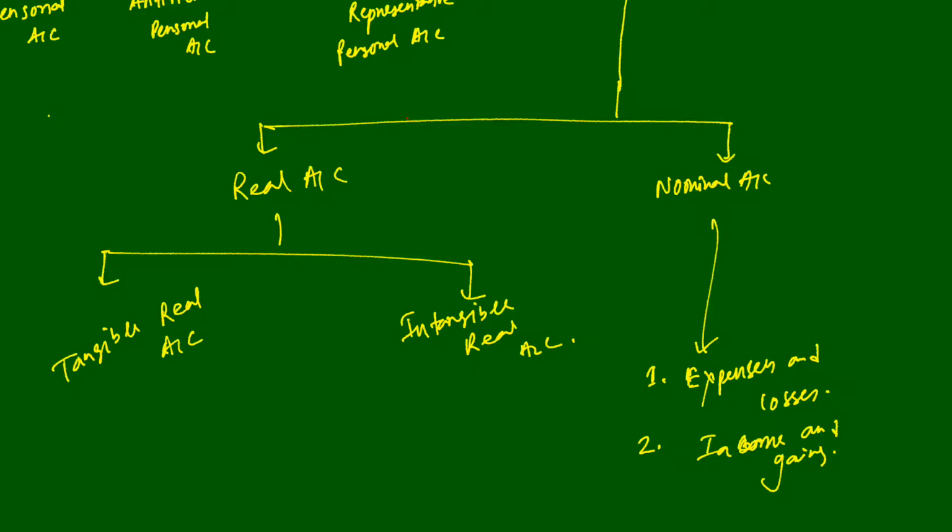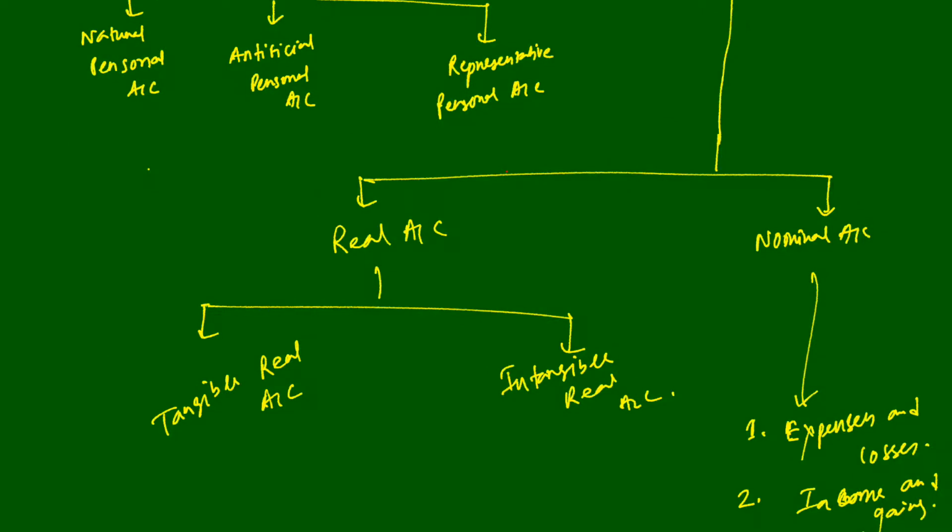Okay, so in today's class we have to discuss personal account. Basically, accounts recording transactions relating to individuals, that is persons or groups of persons or firms or companies, are known as personal accounts.